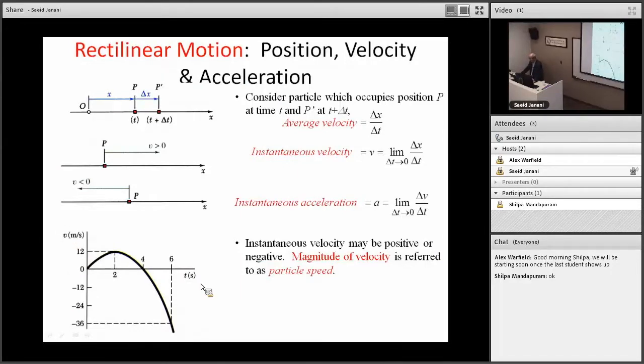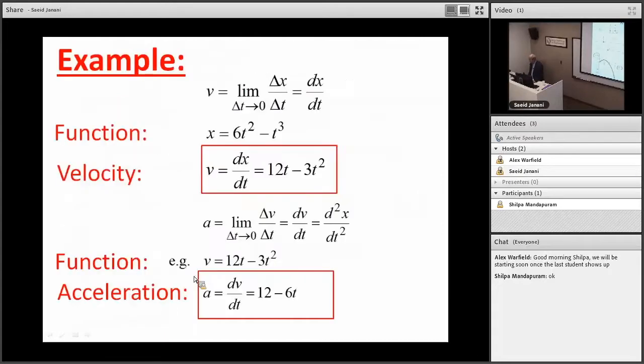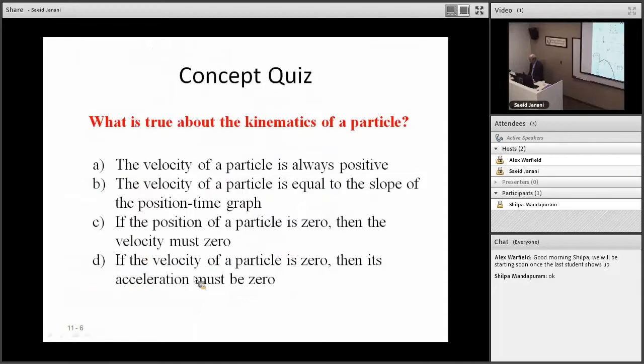Here, for example, this is velocity versus time. So dv over dt, that's your acceleration. So the velocity of a particle is equal to the slope of a position time graph. Same way, the slope of a velocity versus time graph gives you acceleration.